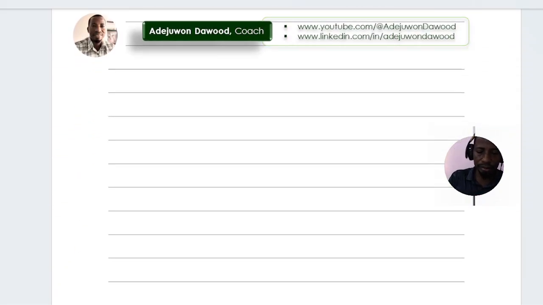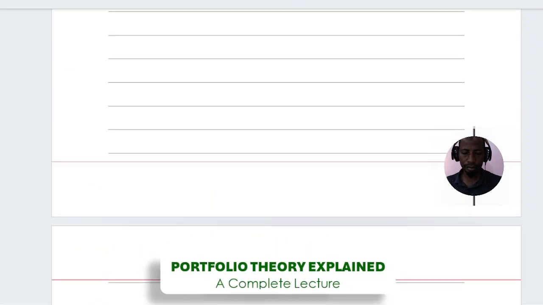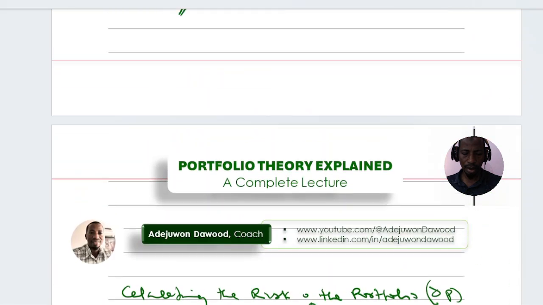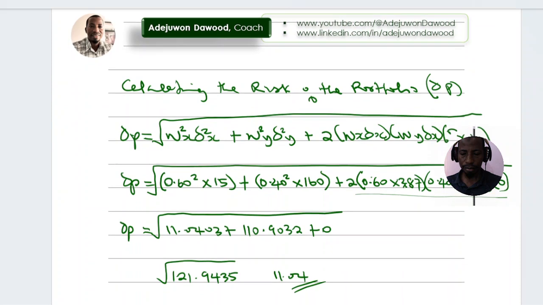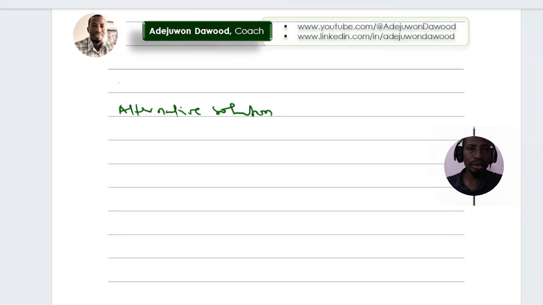Alternatively, I can say, so if I want to use tabular method to compute the return of the portfolio and the risk of the portfolio, what I need to do is to go back to the question.